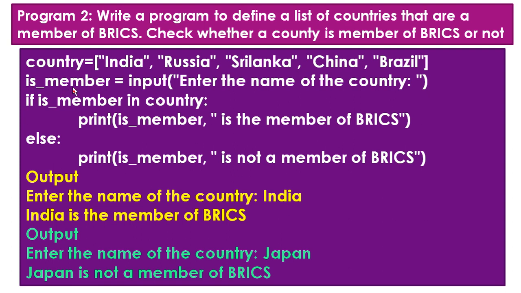This is assigned to is member. Here is one if condition: if is member is in country, the list of countries. If it matches any one of the values, it returns that India is a member of BRICS. In the second one, Japan is not in the list, so the else case works here. So we get the result Japan is not a member of BRICS.